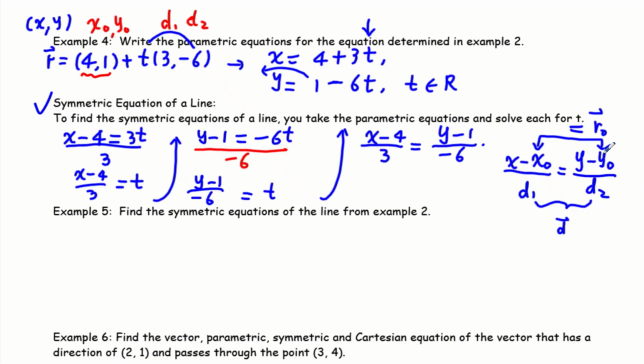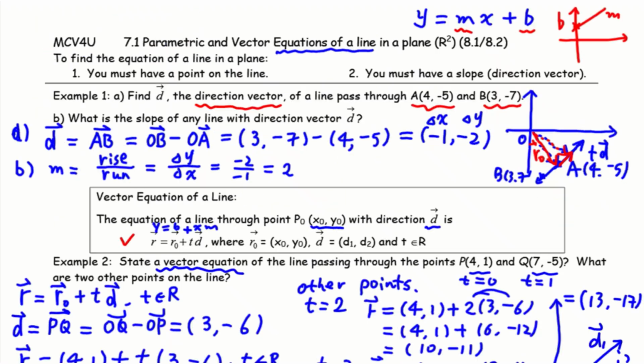This is the third form. You need to remember all these three forms of the equation. The first one is r equals r0 plus td. This is the vector equation.